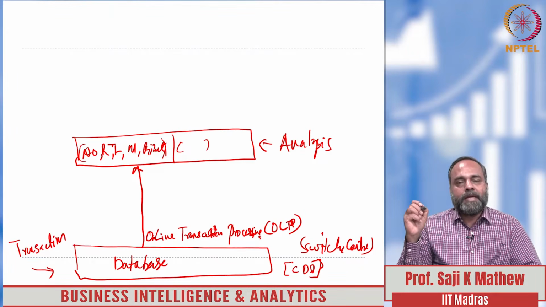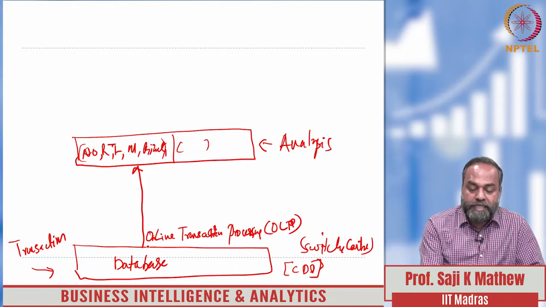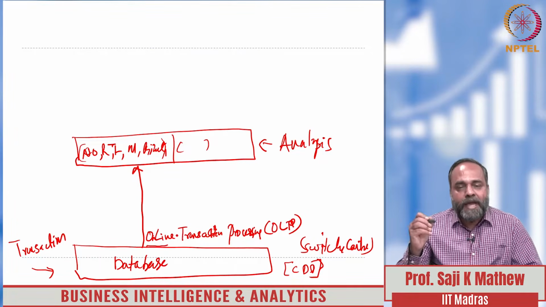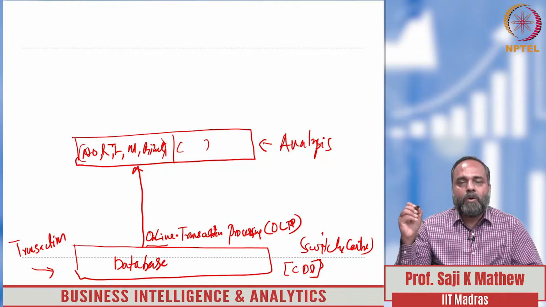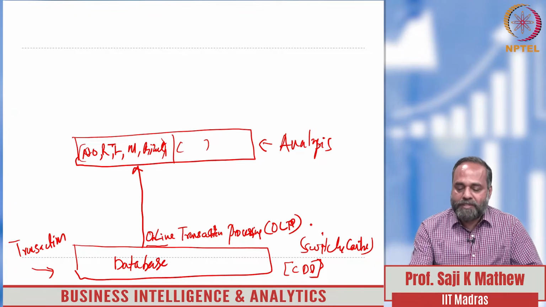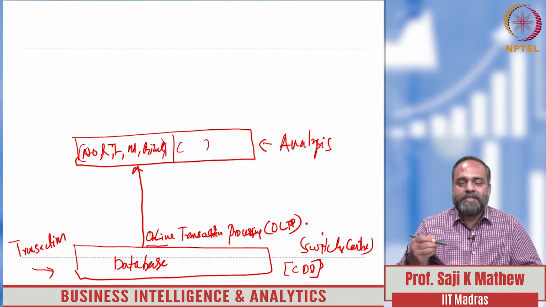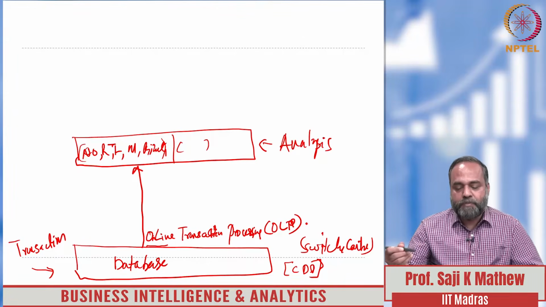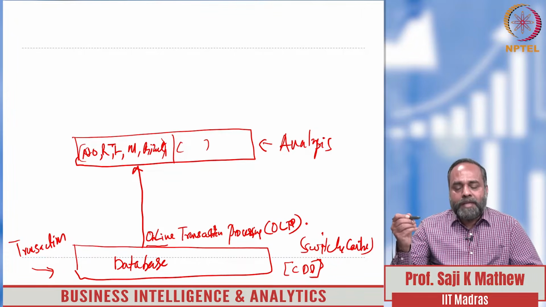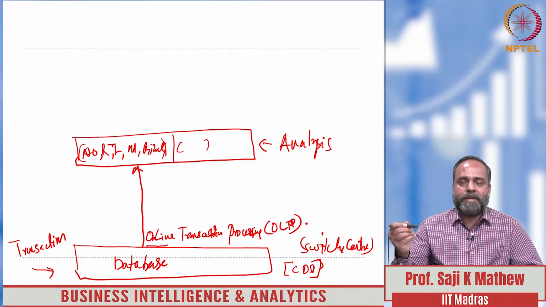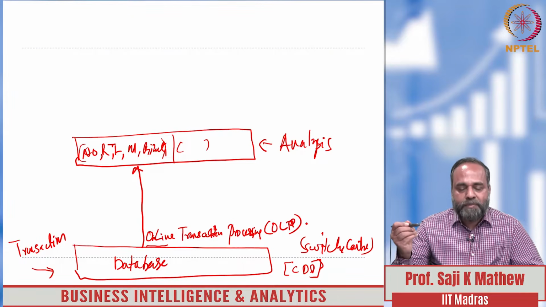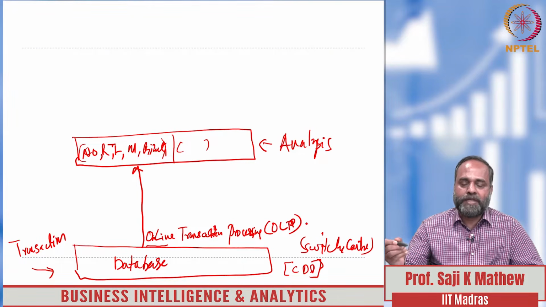OLTP is nothing but a database, but designed with certain characteristics that support online multi-user transaction processing. And there is something known as ACID property, which we will see later when we discuss data management. So, OLTP databases are advanced databases designed and configured for the purpose of transaction processing. They are transaction processing databases.